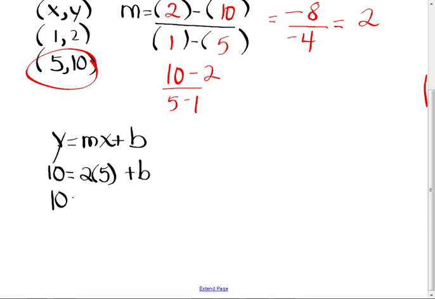What's 2 times 5? 10. Now, if you think math isn't so hard, what do you add to 10 to get 10? If I add 1 to 10, I'll get how much? 11. 0. Is there anything wrong with just thinking about it? No. It's better. B equals 0.